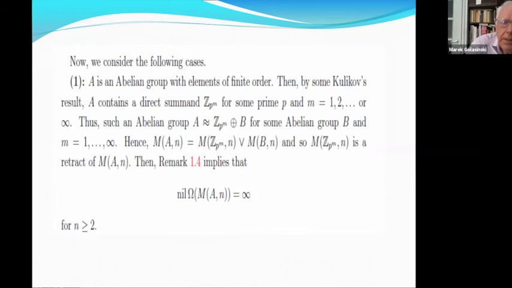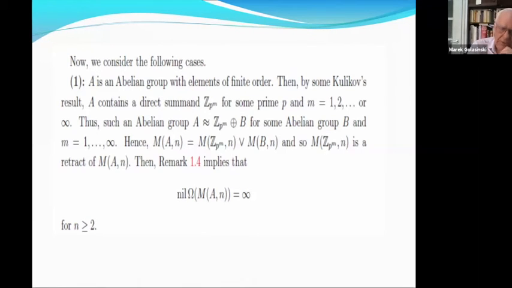And from this construction, you see that the Moore space Z/p^n is a retract of this space. So if you have this, then we use the remark which we mentioned at the beginning. We deduce that the nilpotency of the Moore space with A, if A is a torsion group, is infinite because of the nilpotency of Z/p^n.